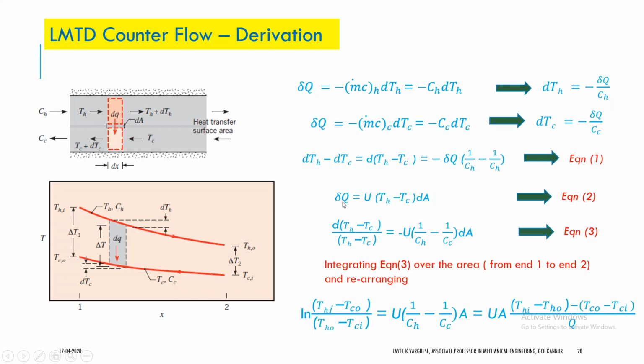Now delta q as before can also be written as u into th minus tc into dA, where th and tc are variables. th varies from thi to tho, and tc varies from tco at the first end to tci at the second end.